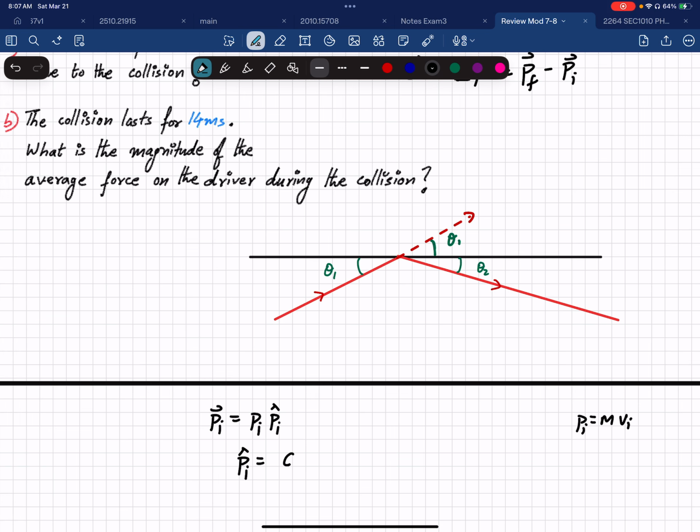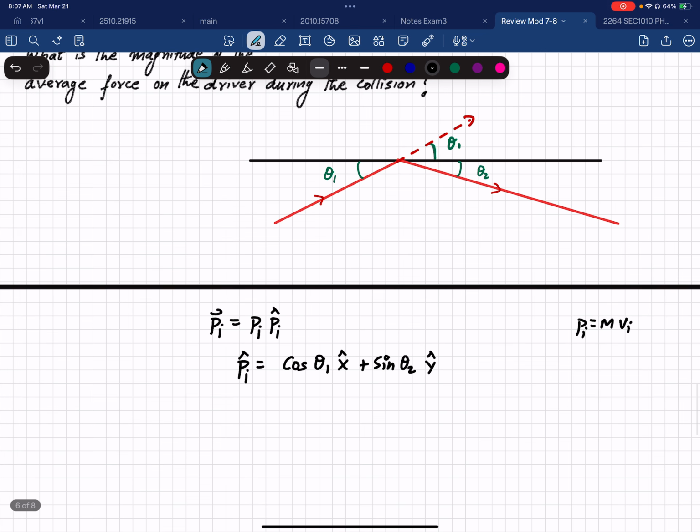Now the first quadrant comprises cos theta 1 x hat plus sine theta 1 y hat. This basically gives us pi cos theta 1 x hat and pi sine theta 1 y hat.